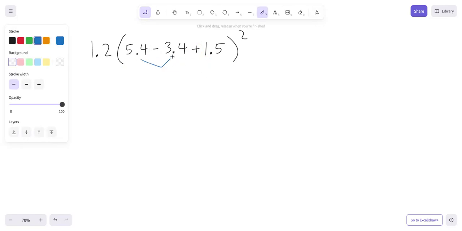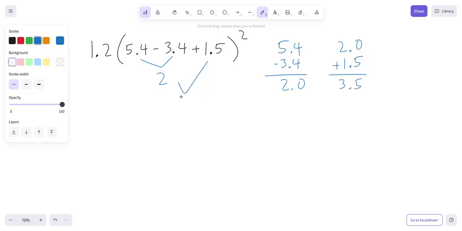So my first thing is this. 5.4 minus 3.4, again subtracting, adding, we need to line up our decimals, and this one's really nice, it's just 2, and then we need to add 1.5. So that's going to be 3.5.